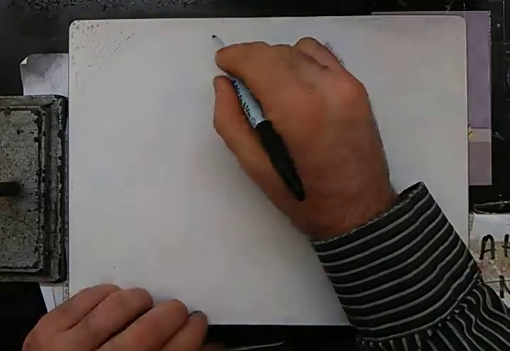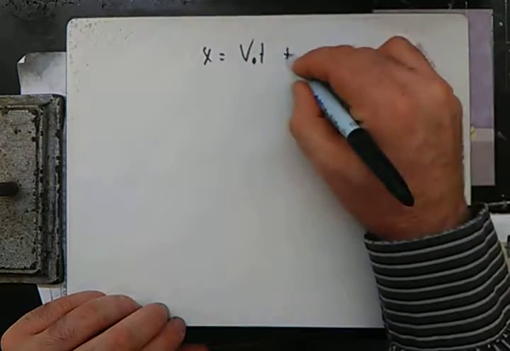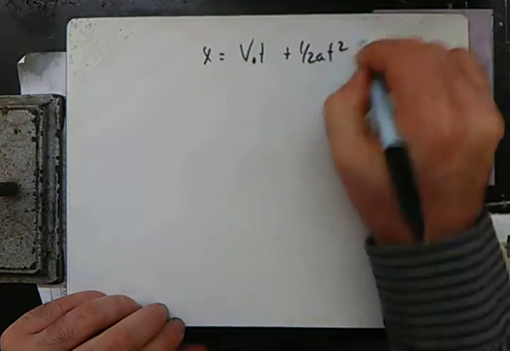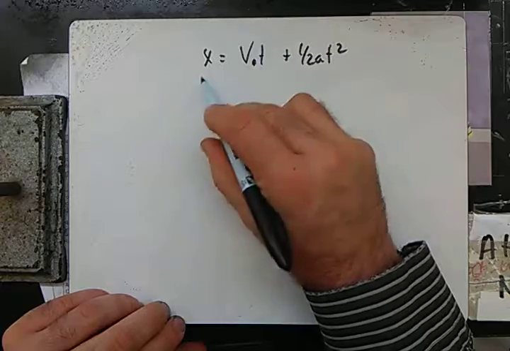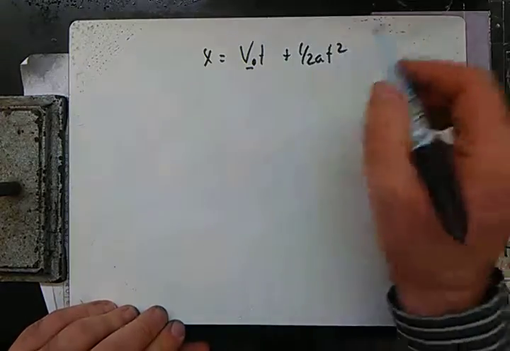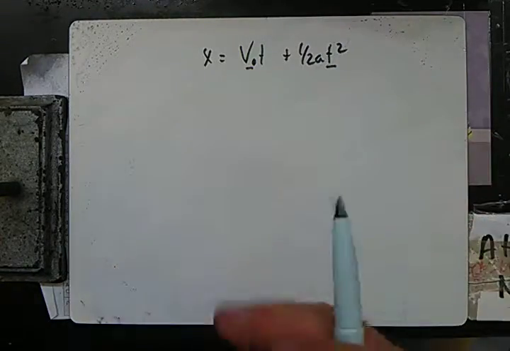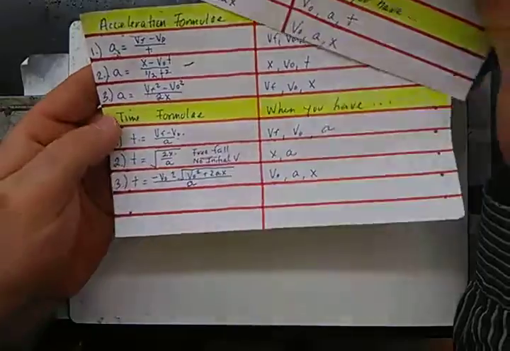Okay, so again, looking at our second equation, x is v naught t plus half a t squared. We're going to give the initial velocity a 0 value. We're going to solve for time. So let's look over at our sheet here. Could we use this sheet? Yes, we could.